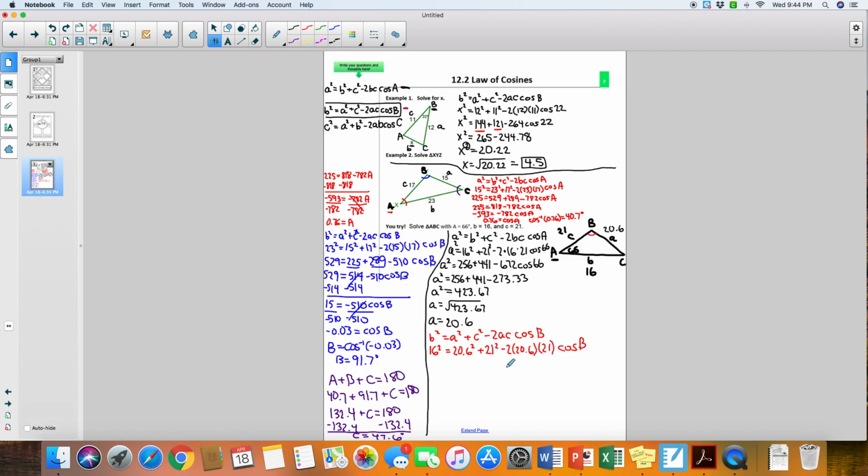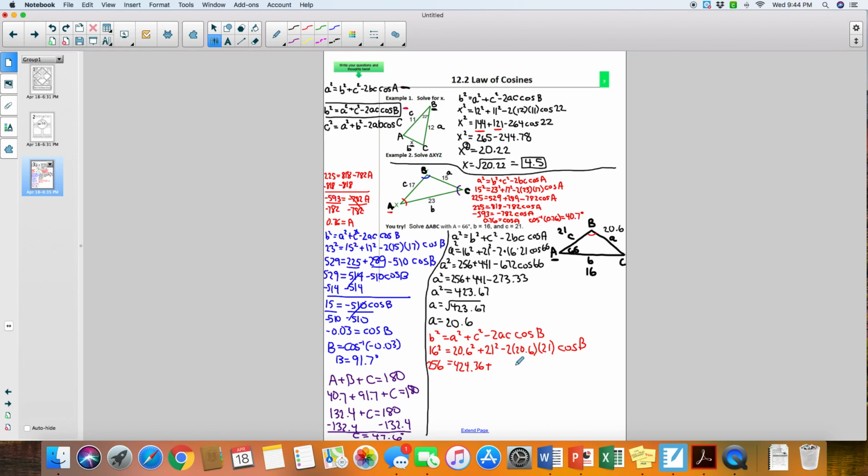All right, so then you do your simplifications. I'm going to do 16 squared, which is 256. Then I'm going to do 20.6 squared, which is 424.36.